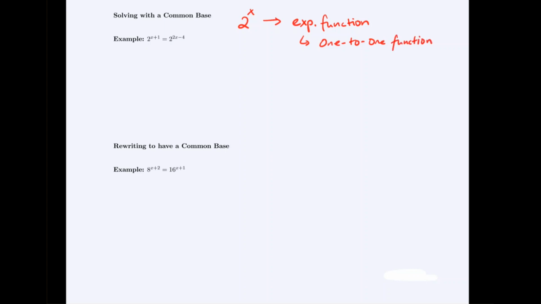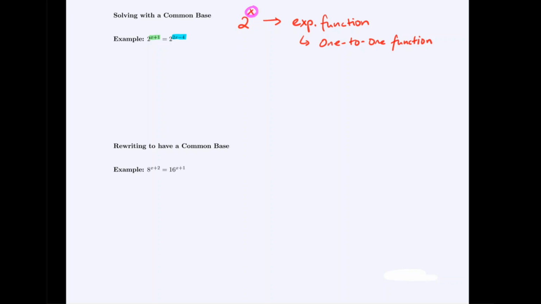For the function 2^x, the input to the left side is x + 1, and the input to the right is 2x - 4. Now, each of these were inputted into the function 2^x.